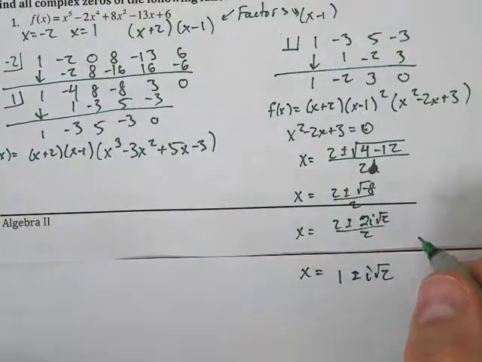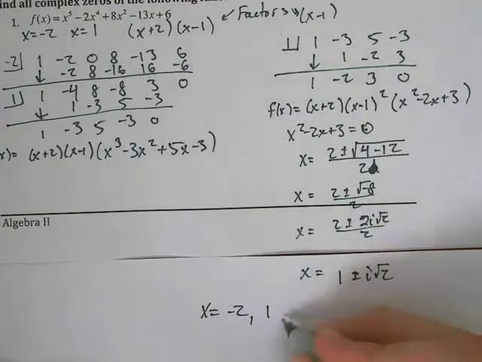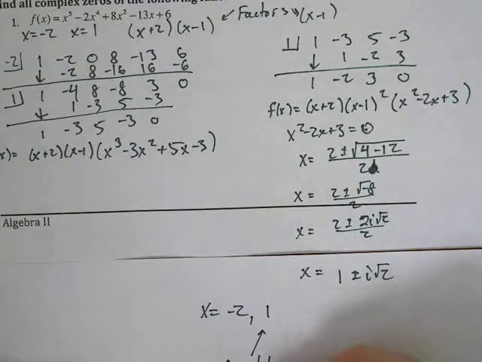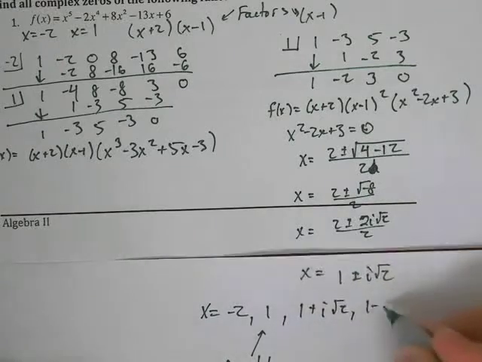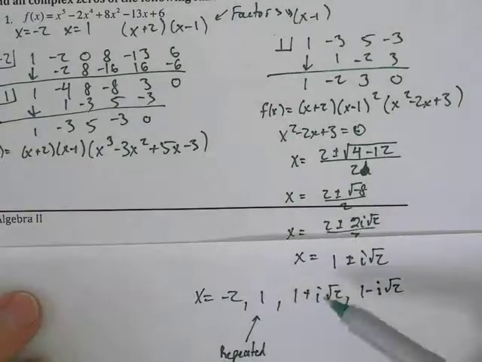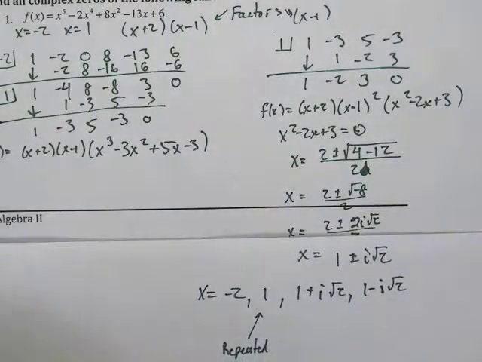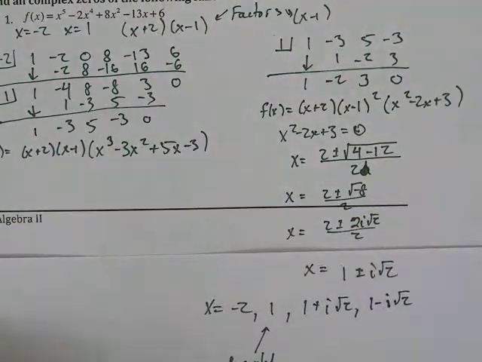And so our solutions, all 5 of them, are x equals negative 2, 1, I'm going to put a little note here, repeated twice, 1 plus i square root 2, and 1 minus i square root 2. So there are 1, 2, 3, 4, 5 solutions, just like we thought there was going to be. Some of them were a little ugly, imaginary, but that's okay. But we do get 5 solutions.